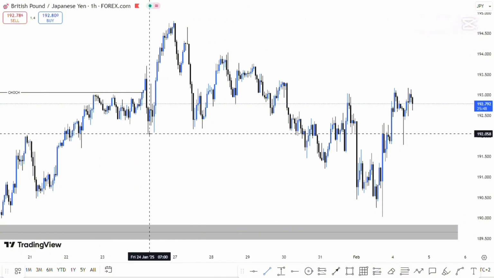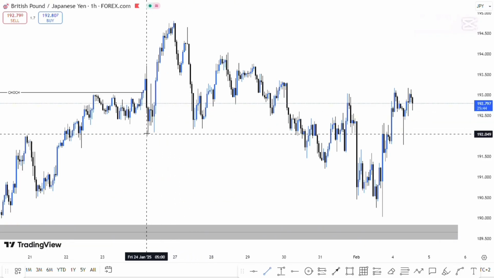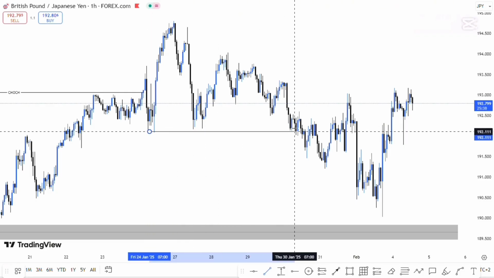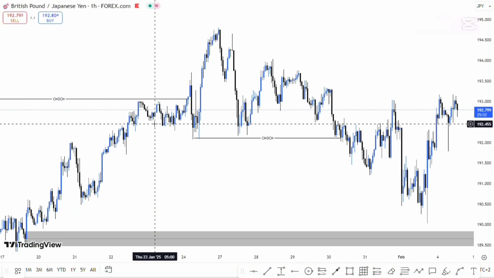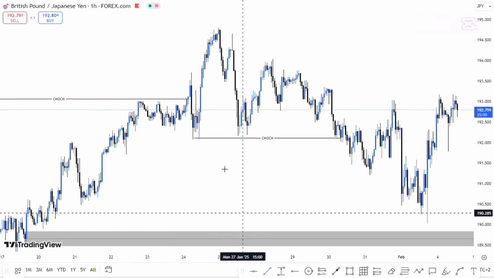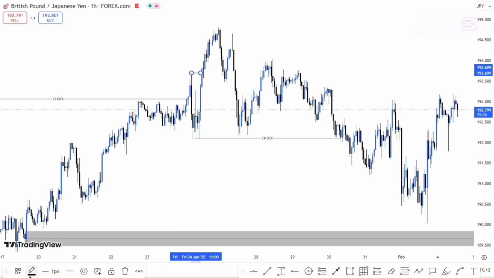Remember, in my previous videos, I explained how I was looking to sell GBPJPY, and what I was waiting for last week, price gave us a change of character to the downside after giving us this breakout structure to the upside.